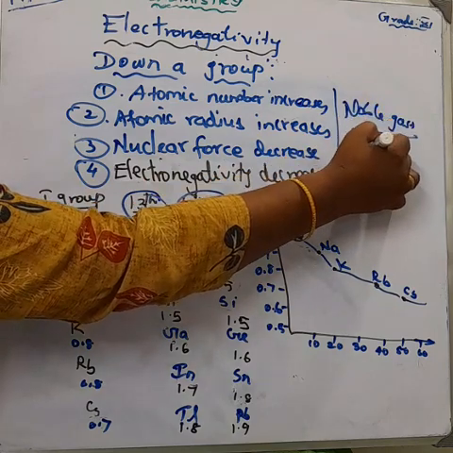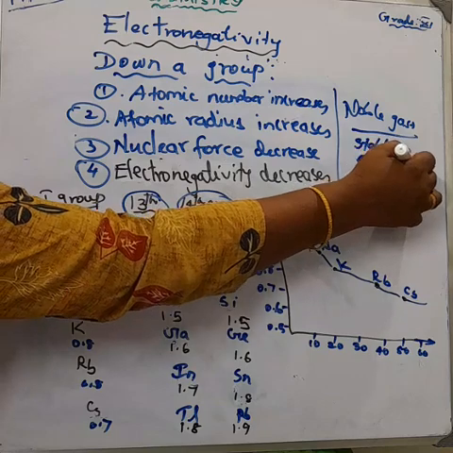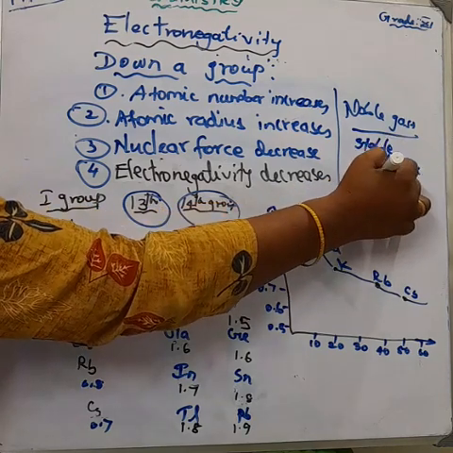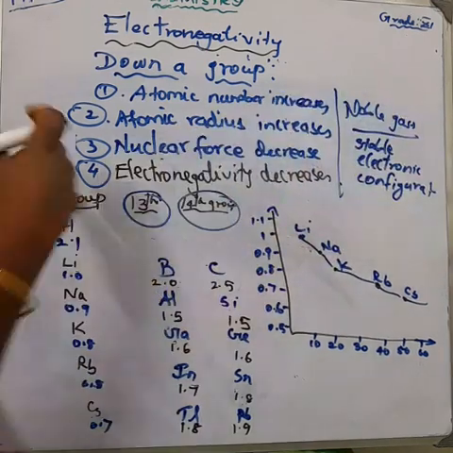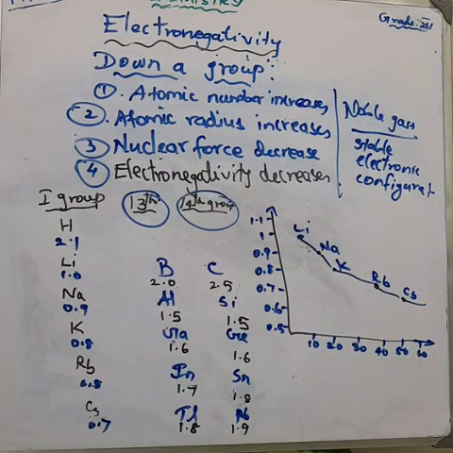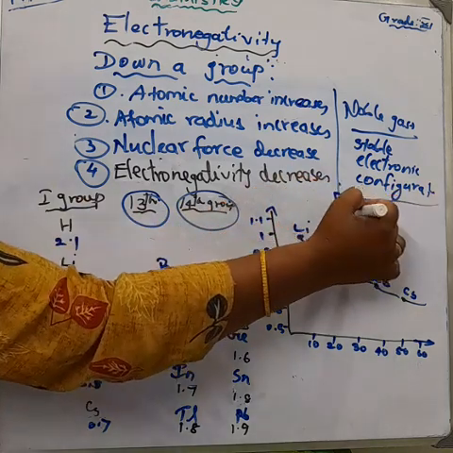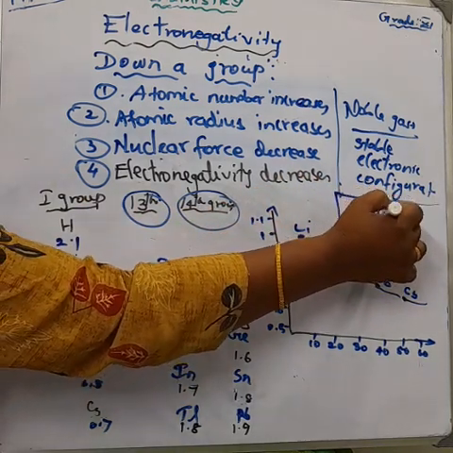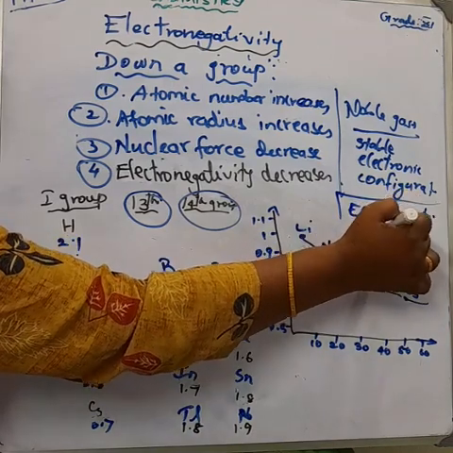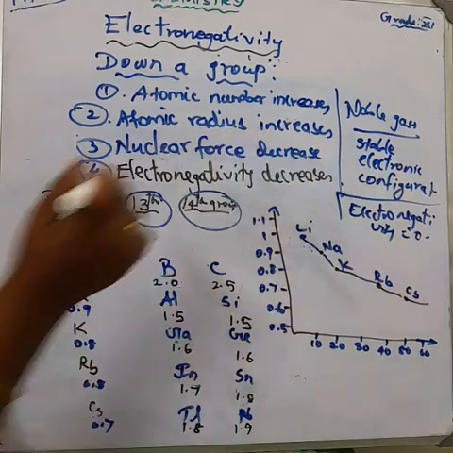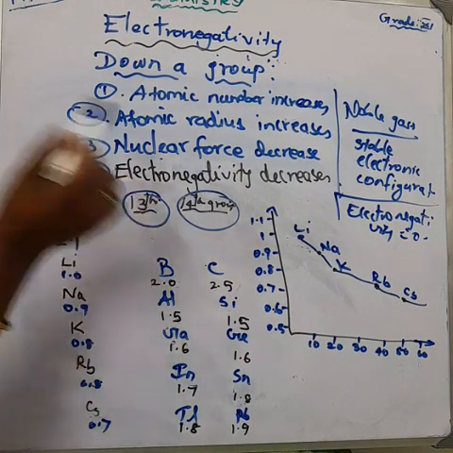So they have no need to attract the shared pair of electrons towards themselves, and they can exist in the free state. No ionization energy, no electron affinity value and no electronegativity value. The electronegativity value will be zero for the noble gases only, the 18th group elements. For the noble gases, the electronegativity value is 0.